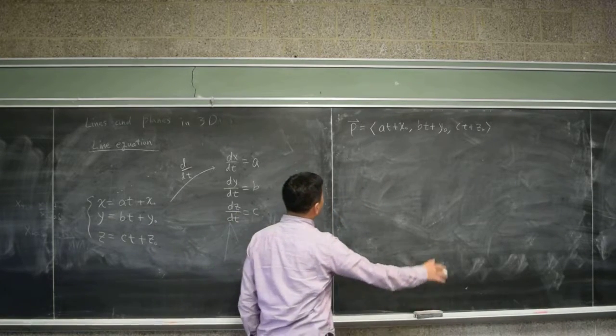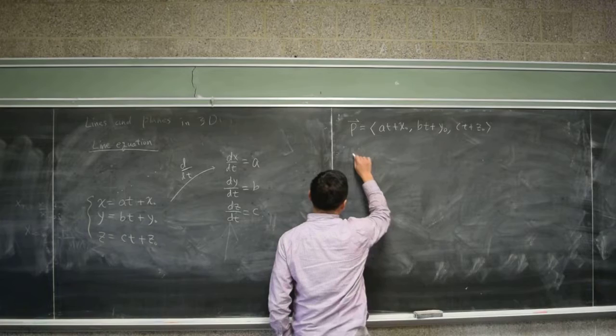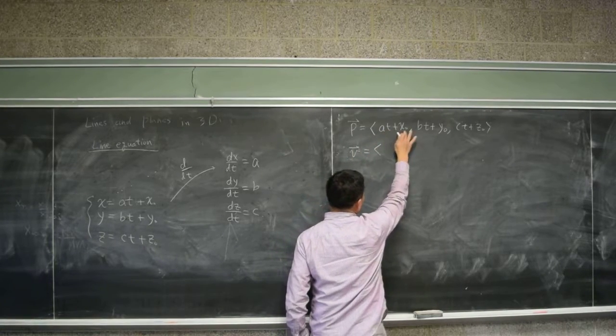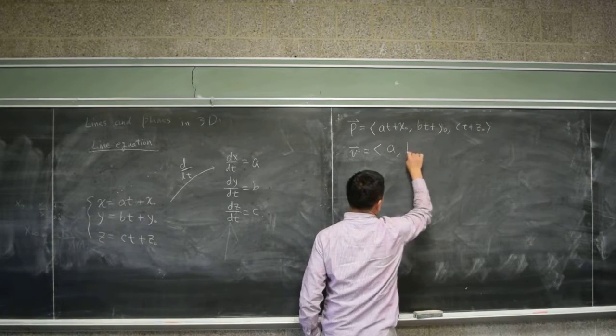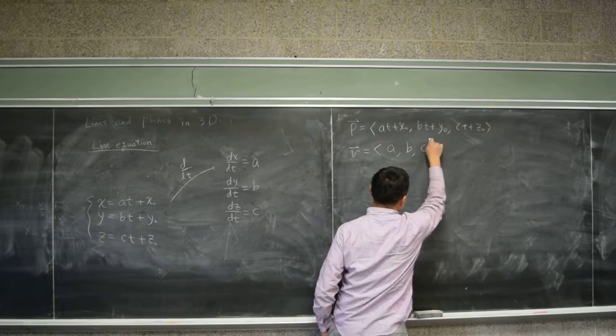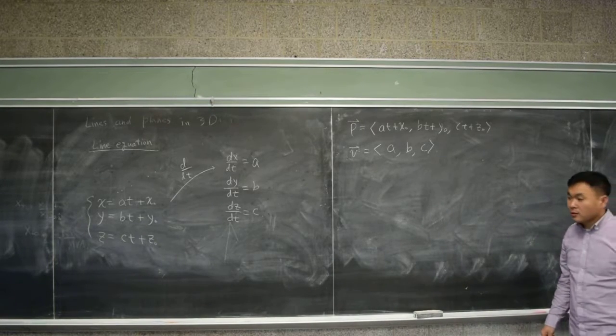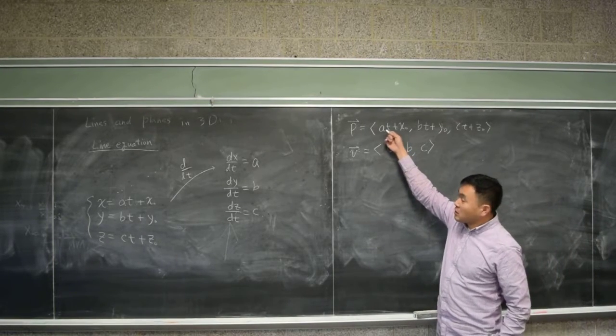And if you differentiate the position, it gives you velocity, and we're trying to say the velocity is, if you differentiate this, you get a, differentiating this, you get b, differentiating that, you get c.